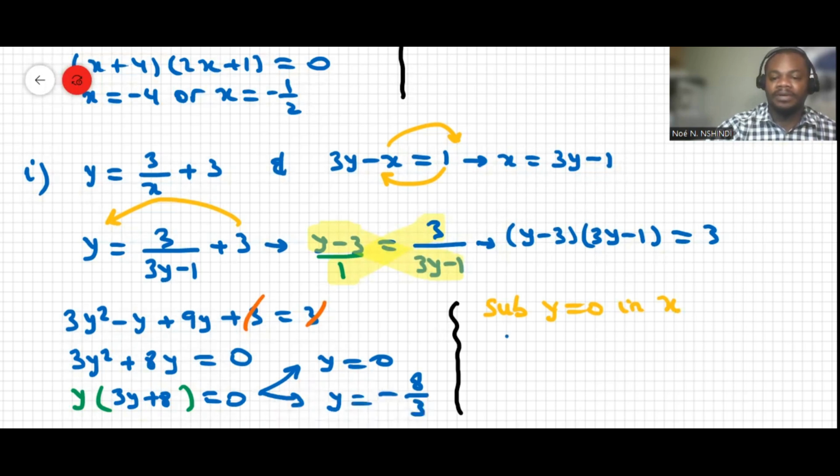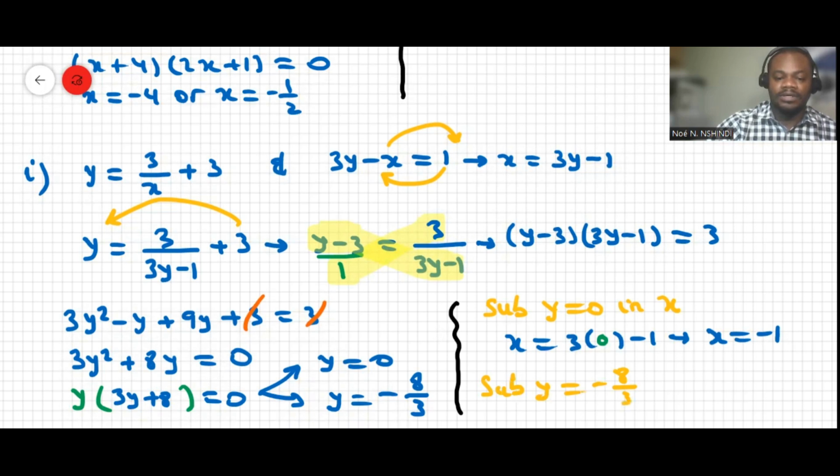So this will become x equal to 3 when we sub y equals 0 there, and then that means x is 1, actually negative 1. And then sub y equals negative 8 over 3. If I sub there, x will be equal to negative 9.